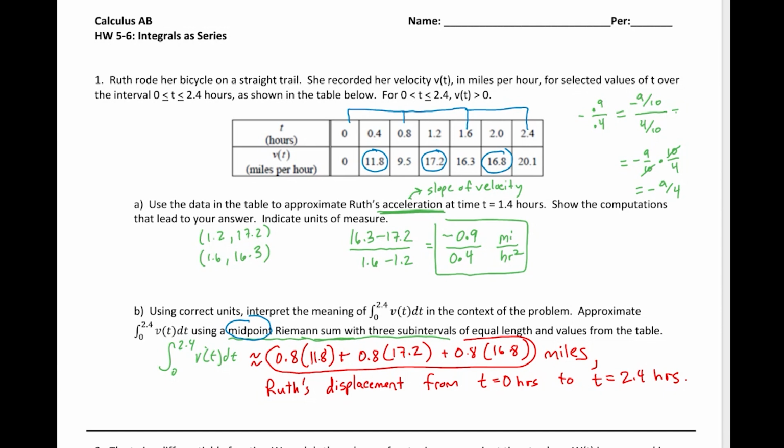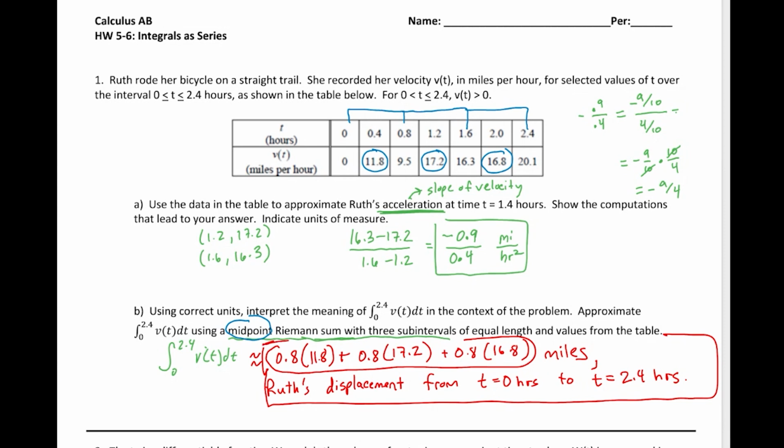Let's see, 0.8 times 11.8 plus 0.8 times 17.2 plus 0.8 times 16.8. There we go. It's going to be 36.64. So it's Ruth's displacement from 0 to 2.4.